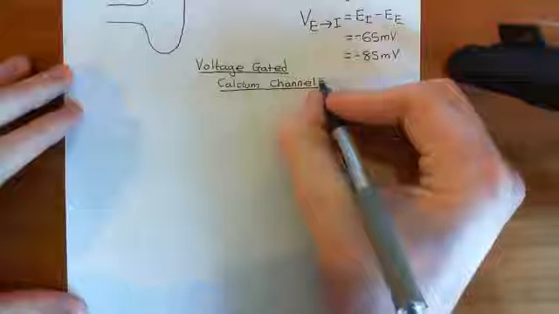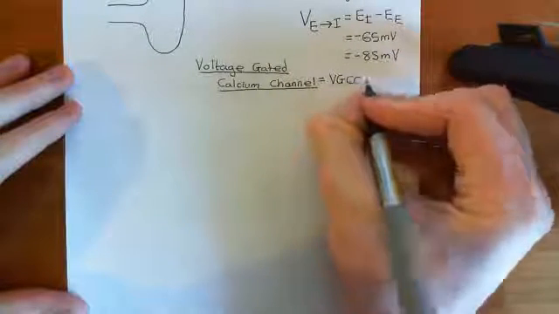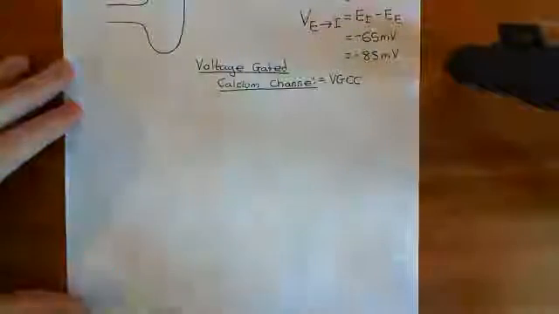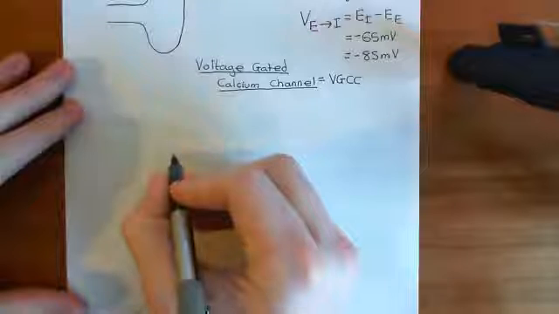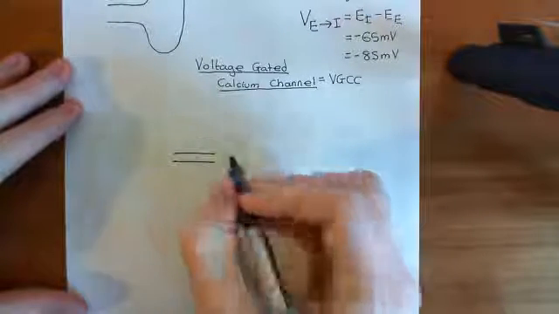Now voltage-gated calcium channels are often abbreviated to VGCCs for short. So let's show one of these voltage-gated calcium channels in the cell membrane.